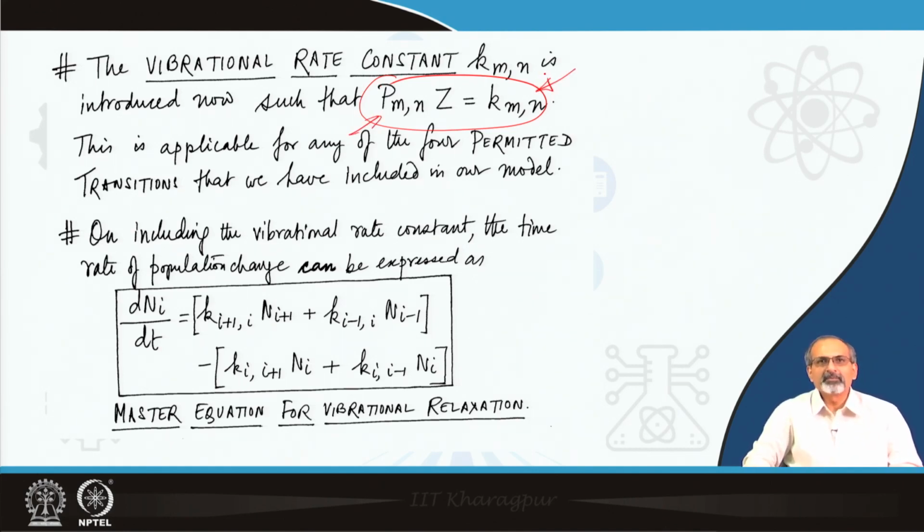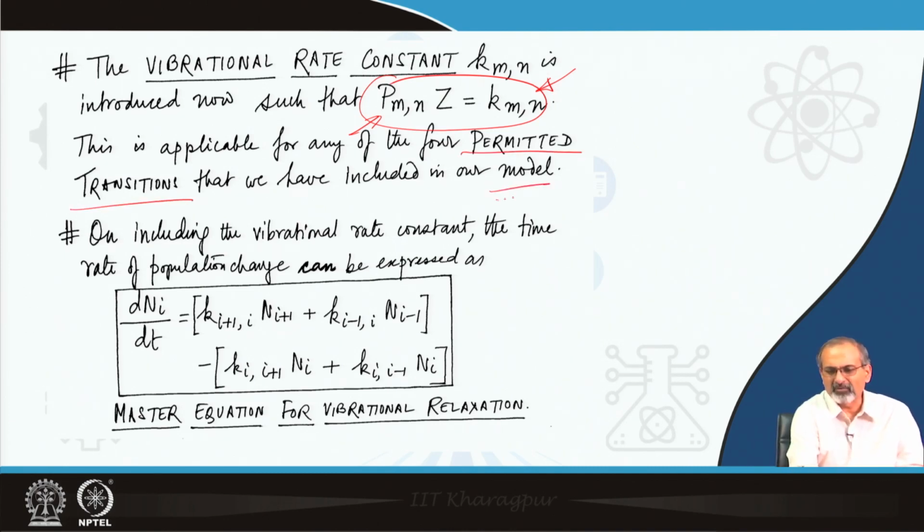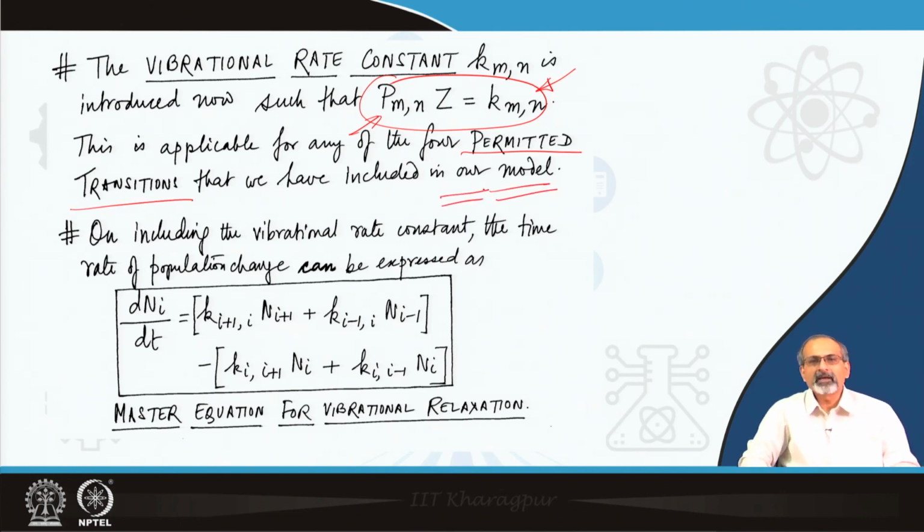So, this is applicable for any of the 4 permitted transitions that we have included in our model, that is i to i plus 1 or i minus 1, and again i minus 1 or i plus 1 to i. This in all gives you 4 possible permitted transitions in our model. Again, remember, our model is based on certain assumptions and it does not account for all possibilities, but we are just trying to confine it to a simple framework at this point.